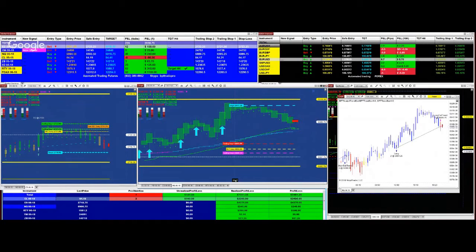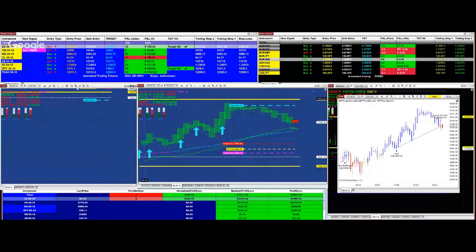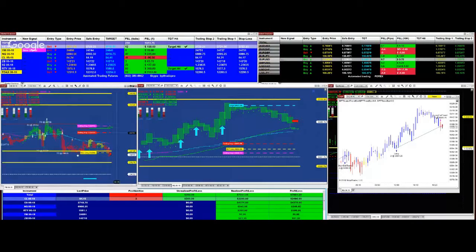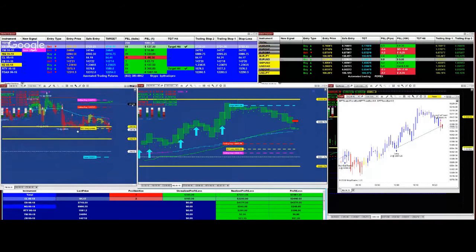And look at this. Look where the bar and the wick closed on the Nasdaq. We have a new signal on the YM. We have a sell signal on the YM.